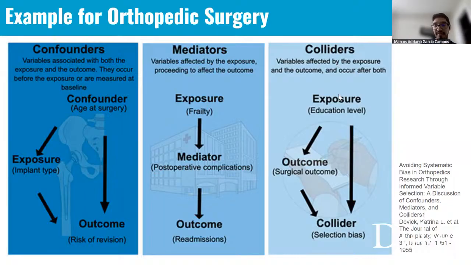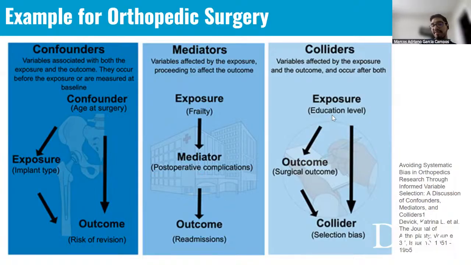In the collider, my exposure will be education level, and my collider is selection bias for a study, for example. So the exposure is the education level, and the outcome is surgical outcome, for example, mortality.